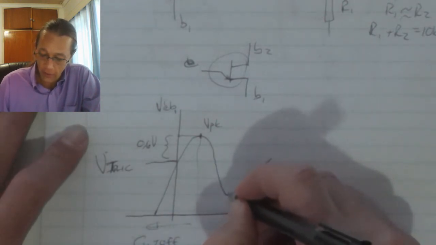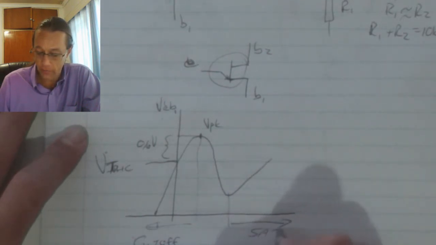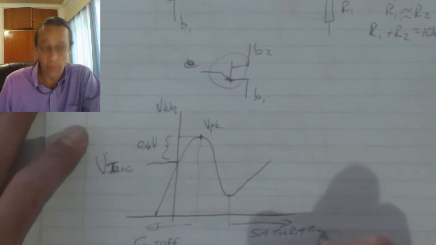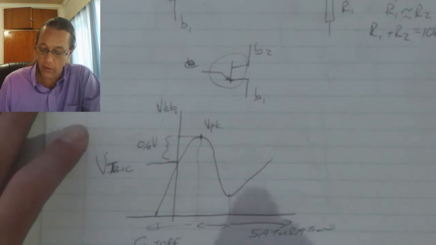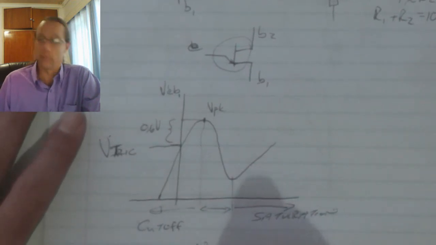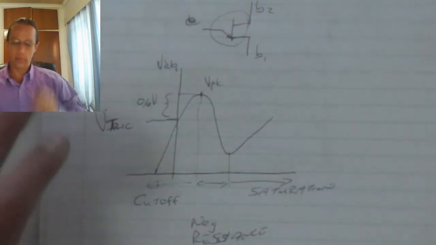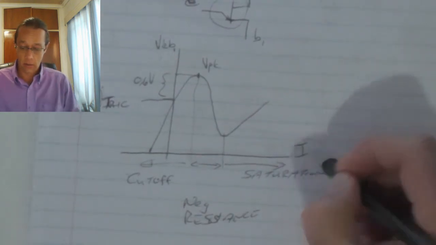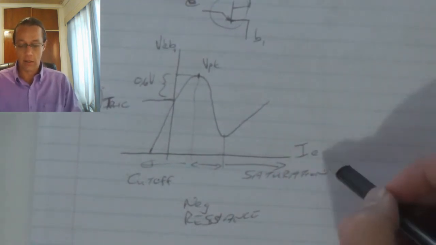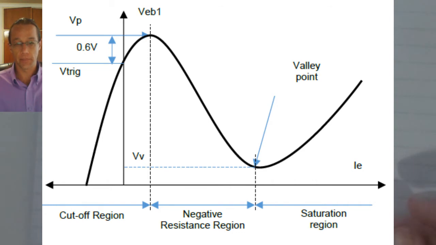That point there is my valley point. Above that level we've got saturation, and then this section in the middle is my negative resistance region. It's called the negative resistance region because the current flow through the emitter increases while the voltage decreases.